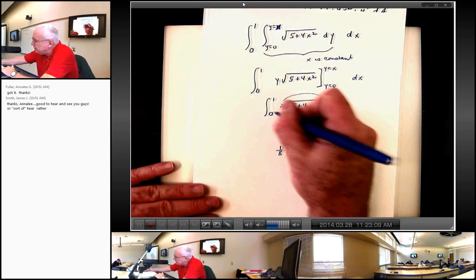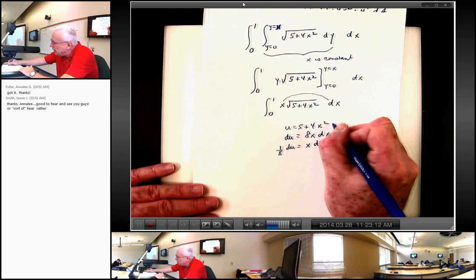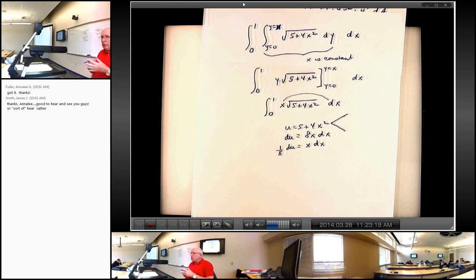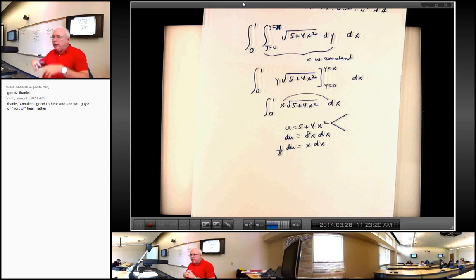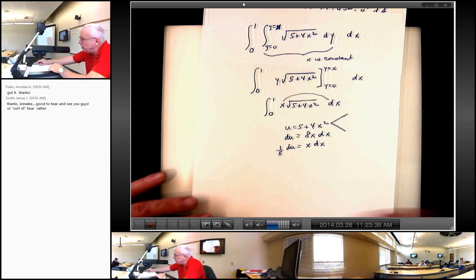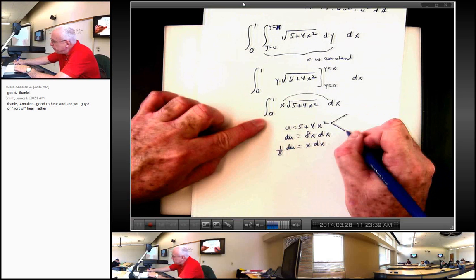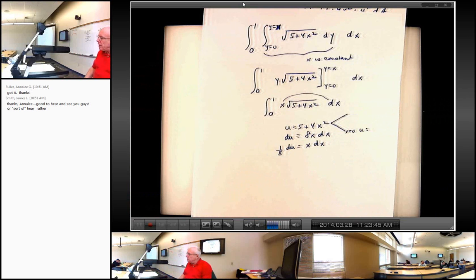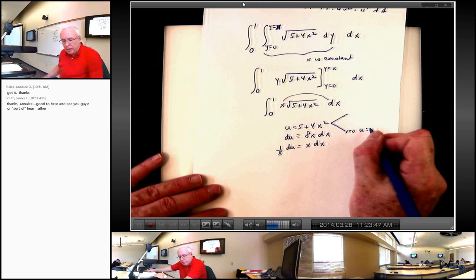Since this is a definite integral from 0 to 1, I'm going to change my limits of integration and keep everything in terms of u, and not have to go back to x. Now you can go back to x and use the original limits of integration, that's fine. But I'm going to do it this way. So when x is equal to 0, u is going to be equal to 5 plus 0, right? u is going to be equal to 5.